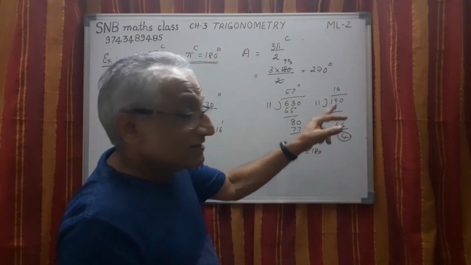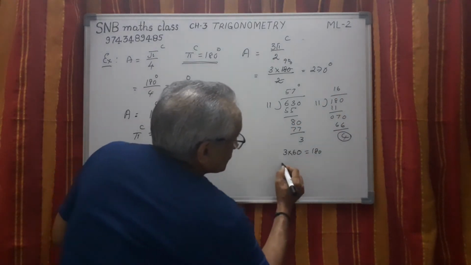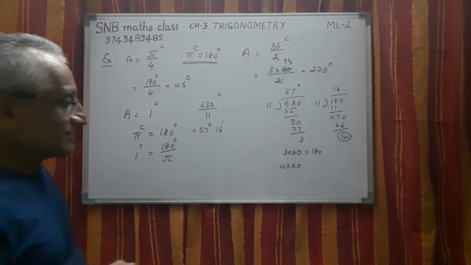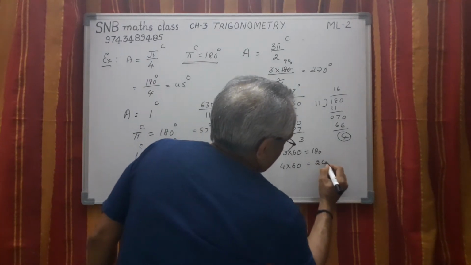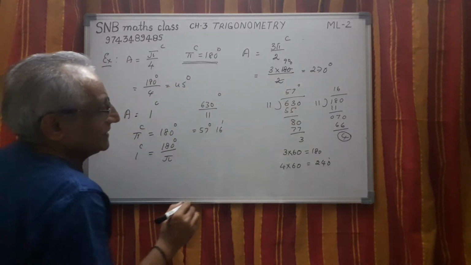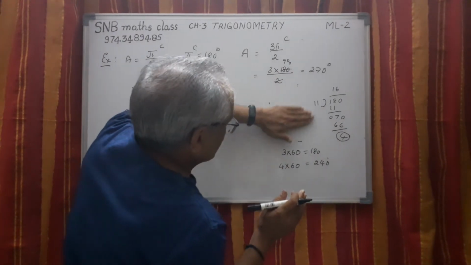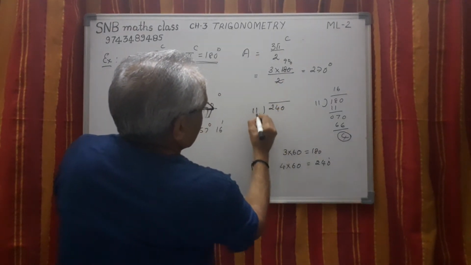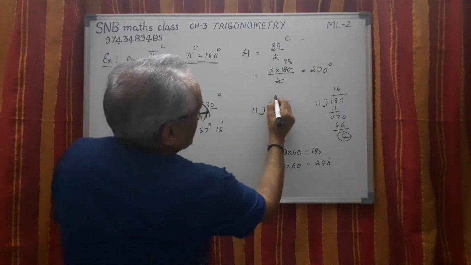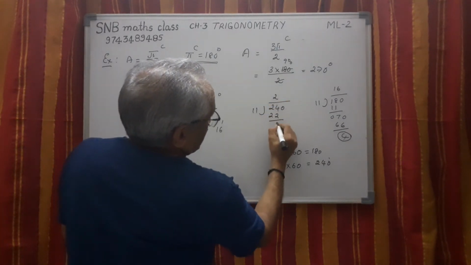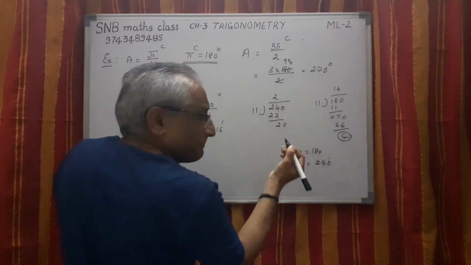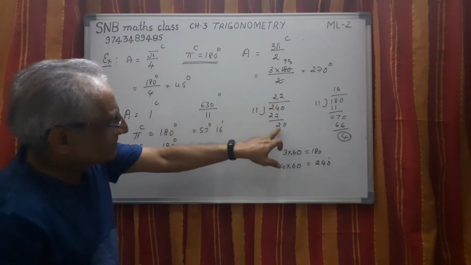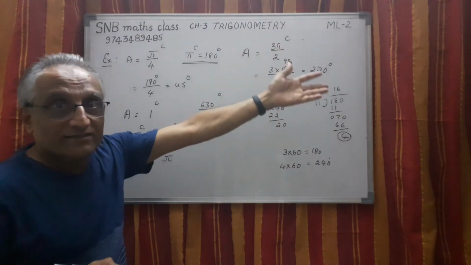This minute can be converted into second. What is the method? 4 into once again 60, because 1 minute equal to 60 seconds. So this is 240. Now take 240 and divide it by 11 once again. 11 2s are 22. Approximately I can say 22, because we don't have a further unit.